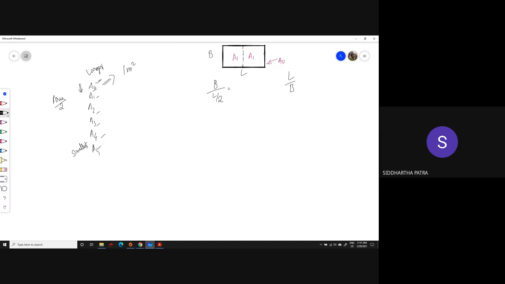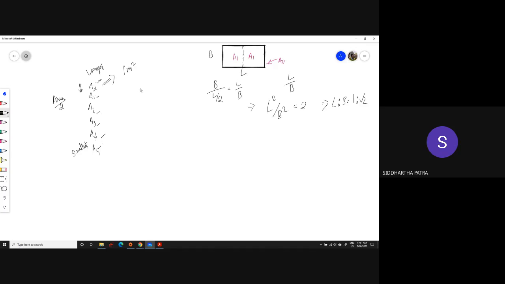It should be the same ratio as A0, which means L by B goes to show that L squared by B squared is 2, or L is to B is 1 is to root 2.